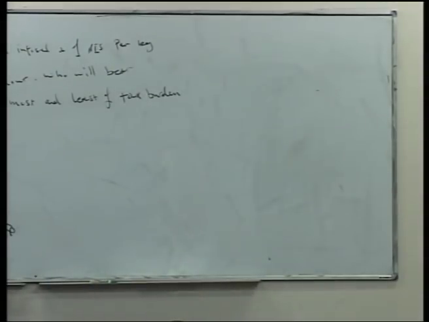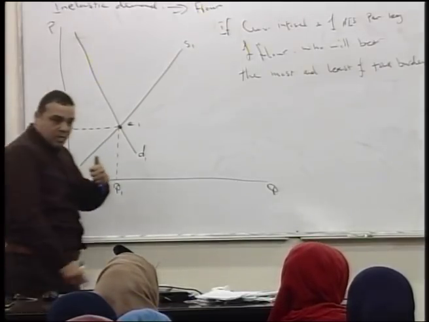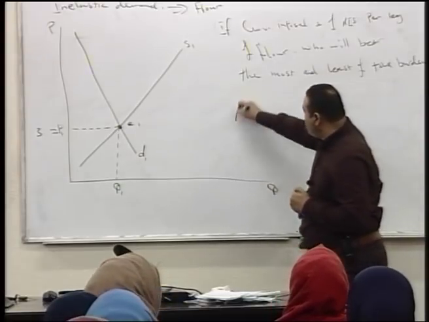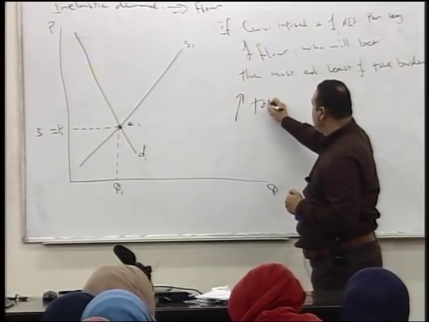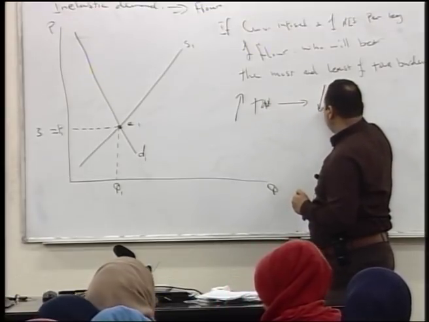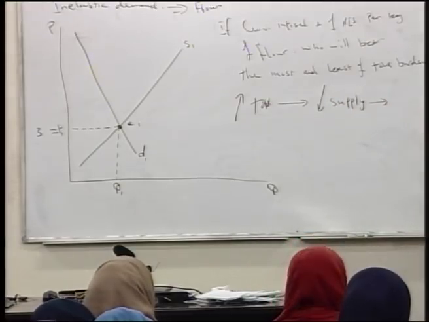Now, as the government imposed the tax of 1 shekel per kilogram, increasing tax rates leads to a decline in supply. Supply shifts left.